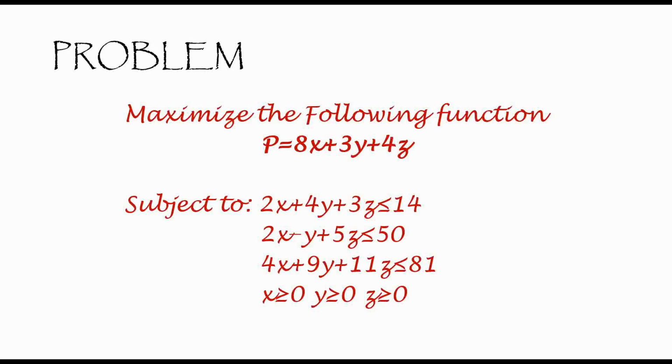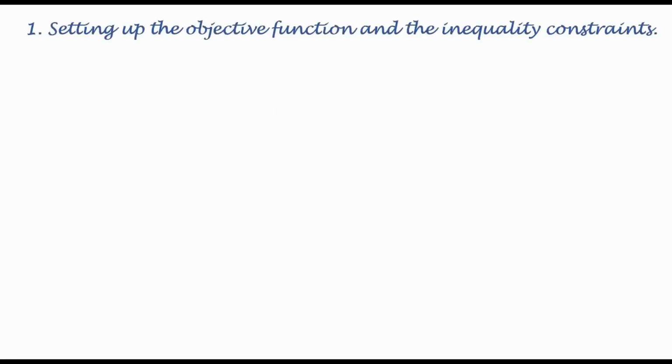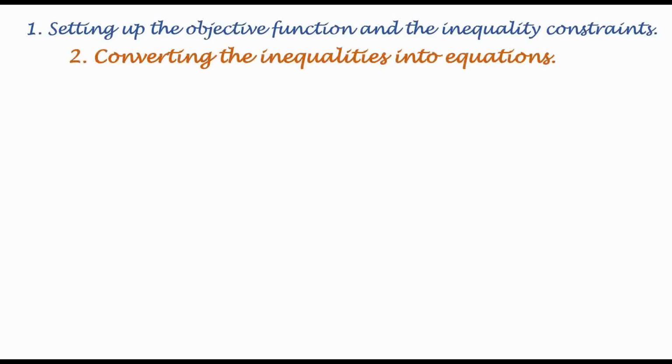Here we will talk about the maximization problem. In future, we will also talk about the minimization problem. This is our first part. Okay, so we have set up the objective function and the inequality constraints, and we will now convert the inequalities into equations.